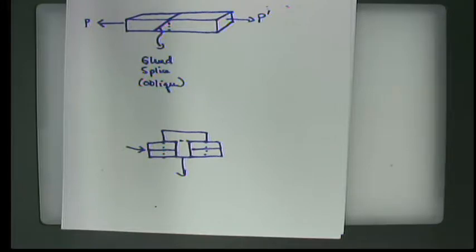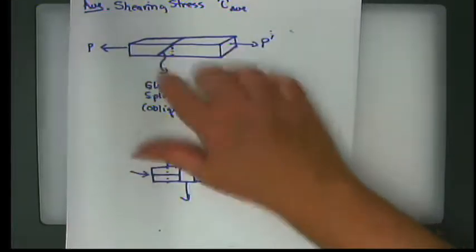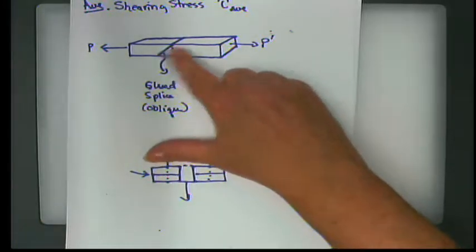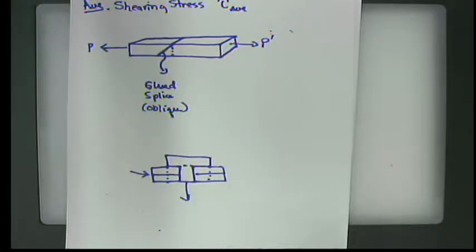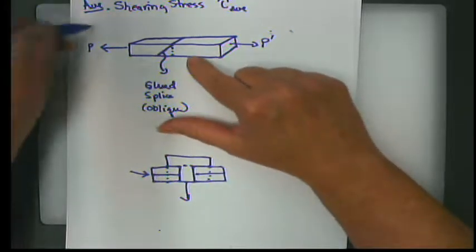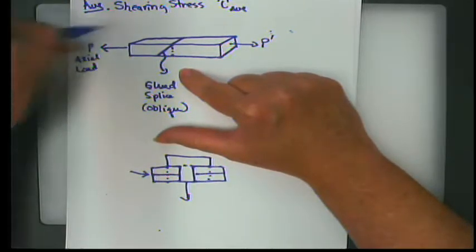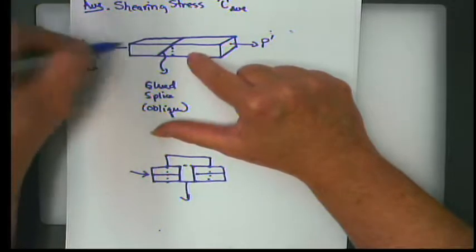So those are the questions that we start to answer in this class. But here, that's why we're looking at the glued splice. We are interested in the glued splice. It may be stronger or weaker than the rest of the structural member, but this is the area that we're interested in. So if you think about it, if we apply this type of a load, which is called an axial load, we're going to have two kinds of stress.